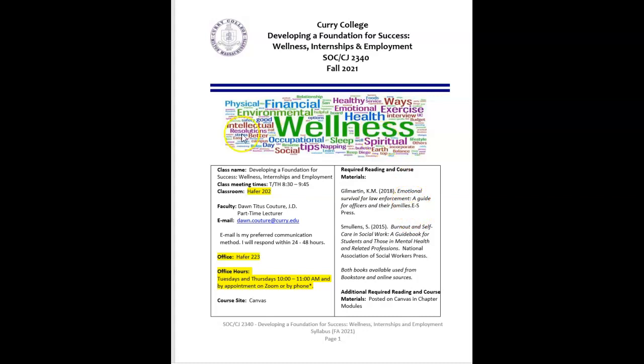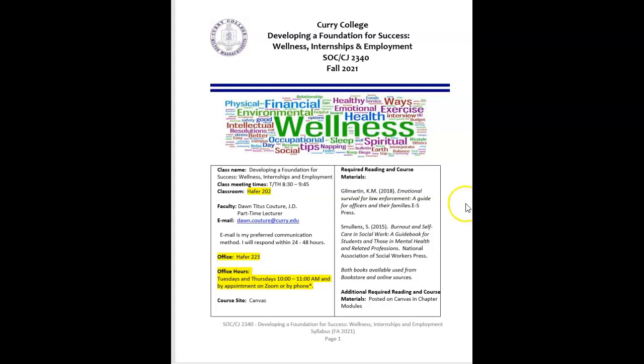So let's get started. The front page obviously contains the basic information, including the two textbooks that you're required to have in this class. Your required reading, as it will be stated in the syllabus, at the very end of the syllabus is actually the course schedule. We will reach that after we cover the other matters.